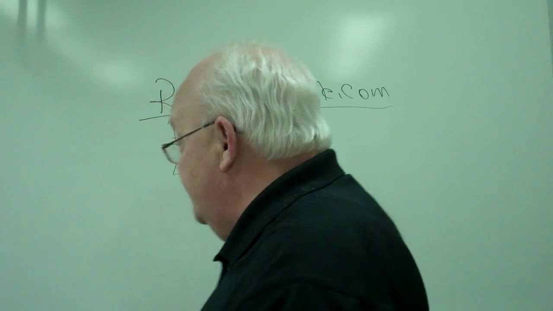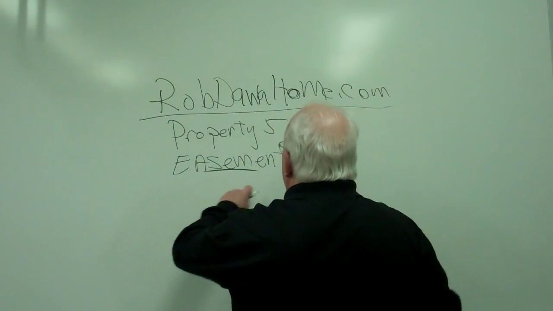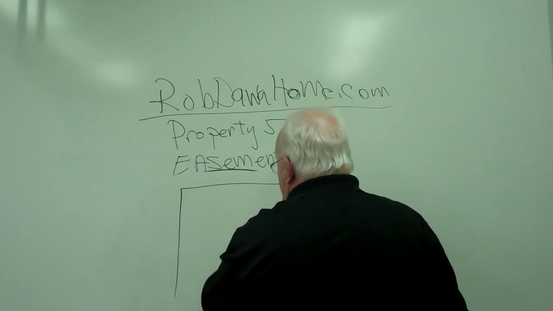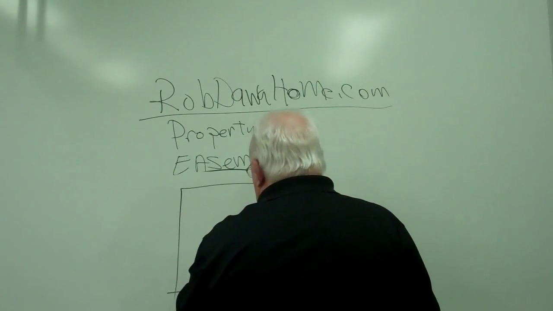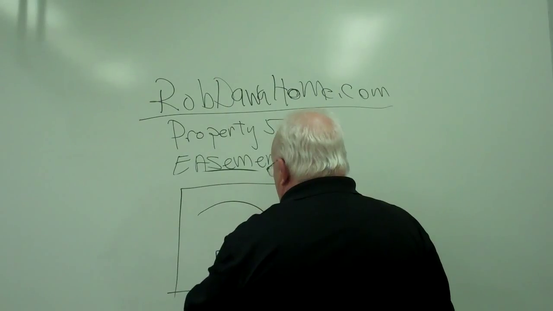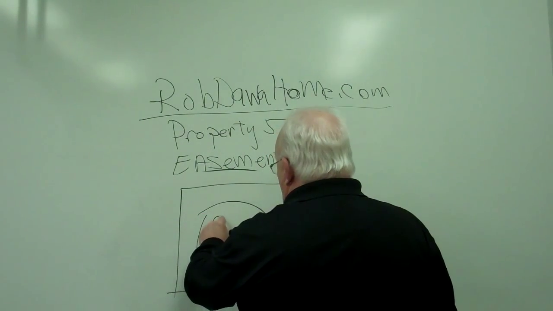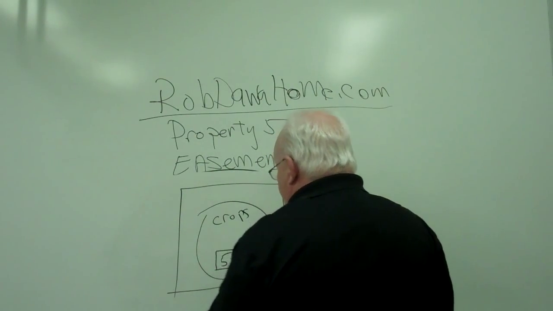Now, an important thing is, let's say we've got a landlocked lot. This farmer owns 100 acres. Well, he decides, I'm going to sell 5 right here, but I want all this other land for crops. So this is crops, but this is 5 acres right here, and he sells it to a guy.